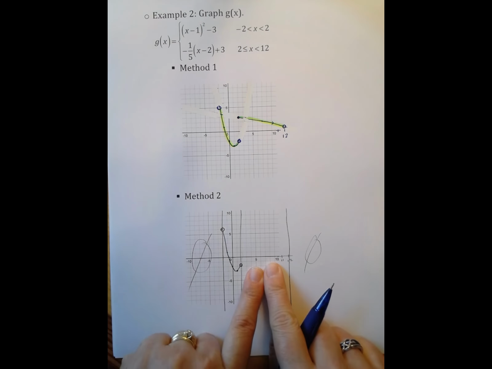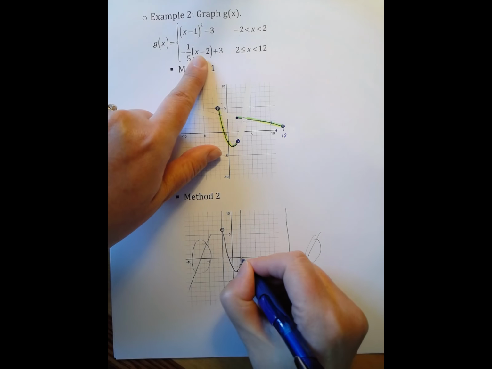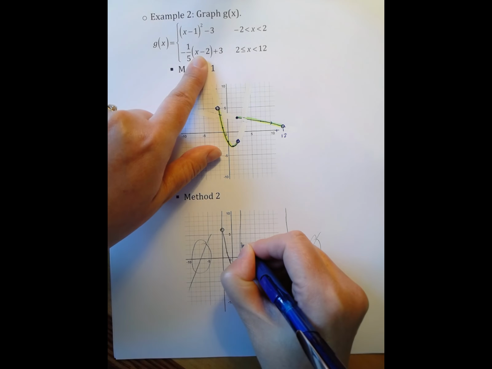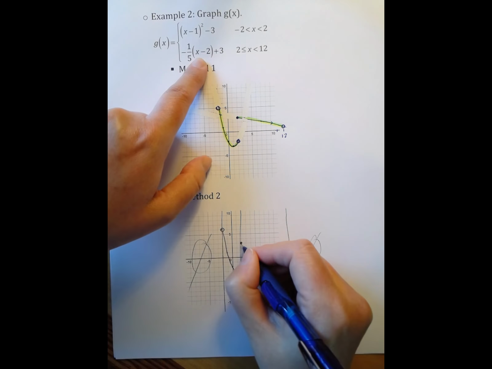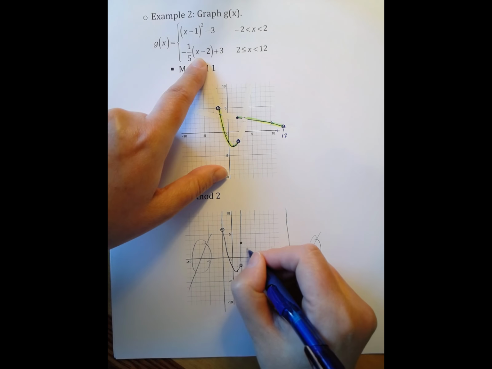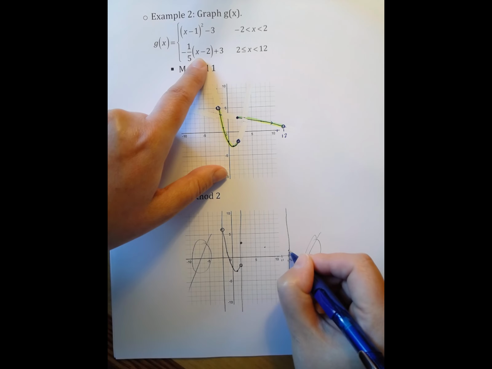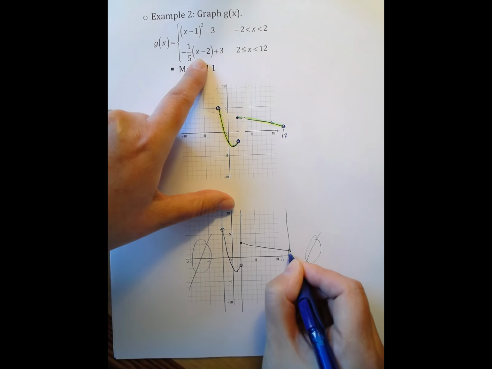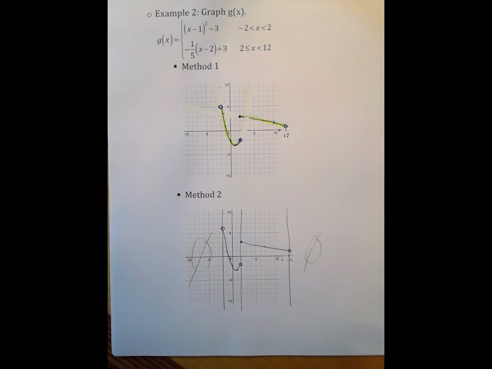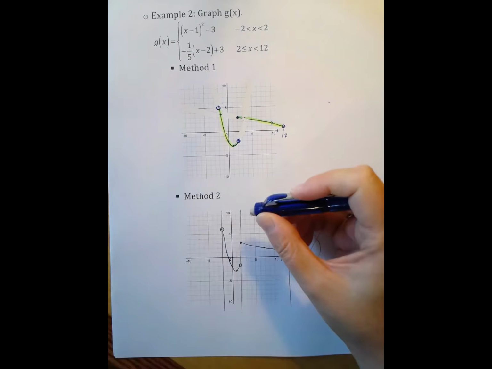In this portion, I have a linear function where my point is 2, comma 3, and it's a closed circle, and then a slope of -1/5. So down 1 over 5, down 1 over 5, and that's an open circle. And then to clean this up, I can erase the parts that don't matter.